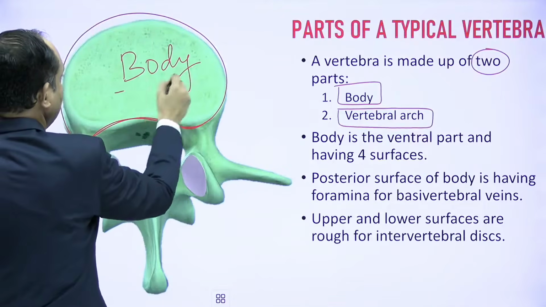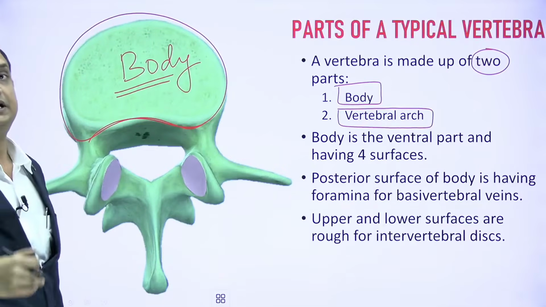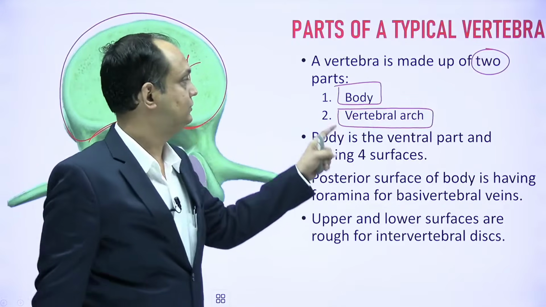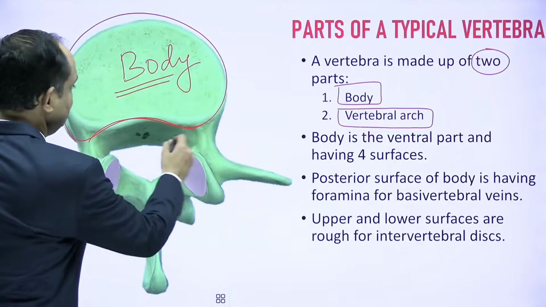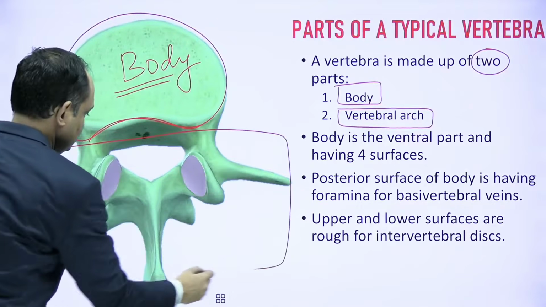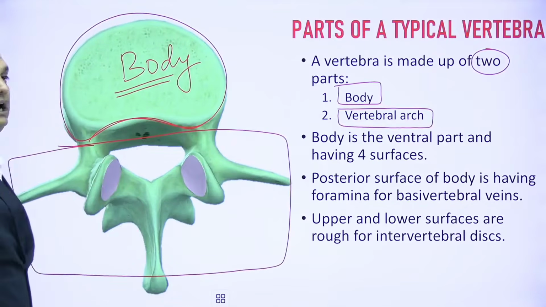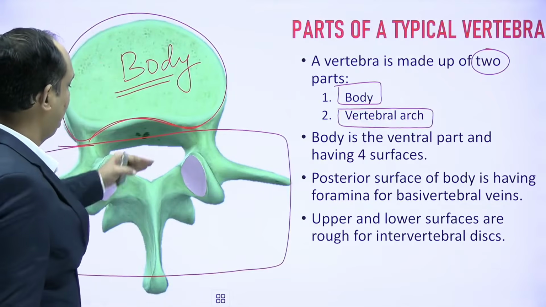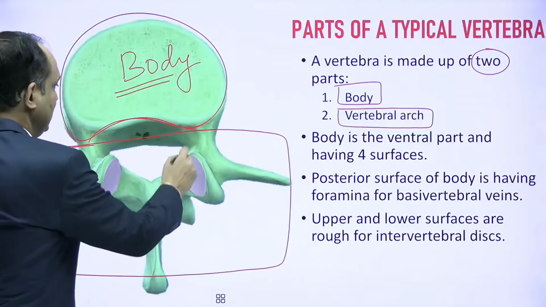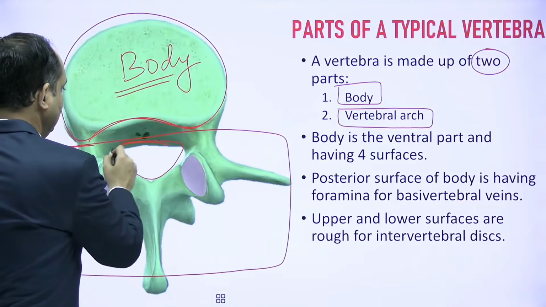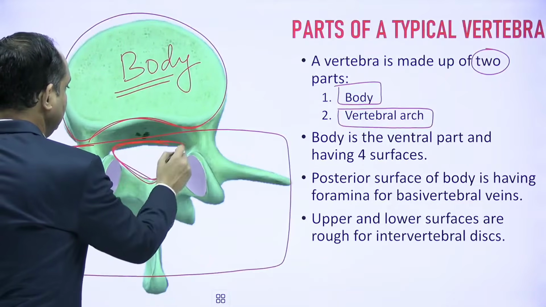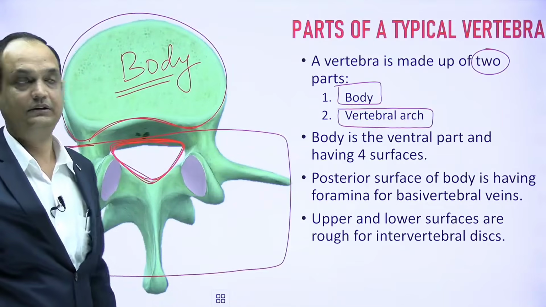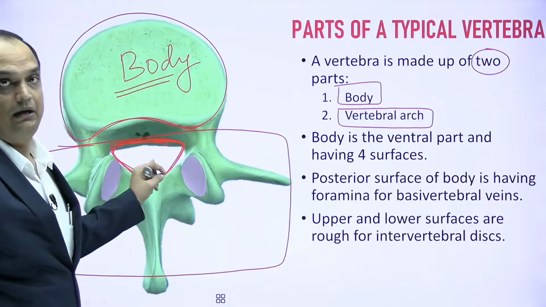So any vertebra has the body placed anteriorly, while there is the vertebral arch. This remaining portion is known as the vertebral arch of a vertebra. Now behind this vertebral body and between this arch you have the area which contains the spinal cord and the meninges around the spinal cord. This is known as the vertebral canal.